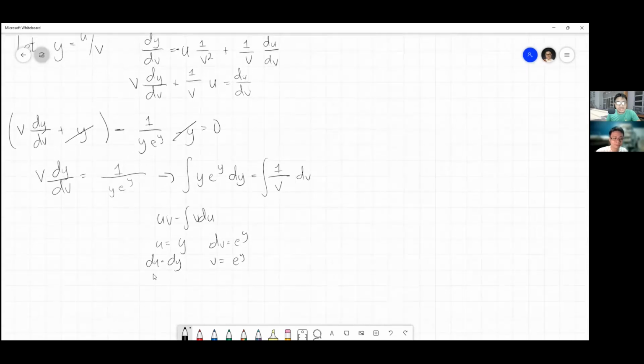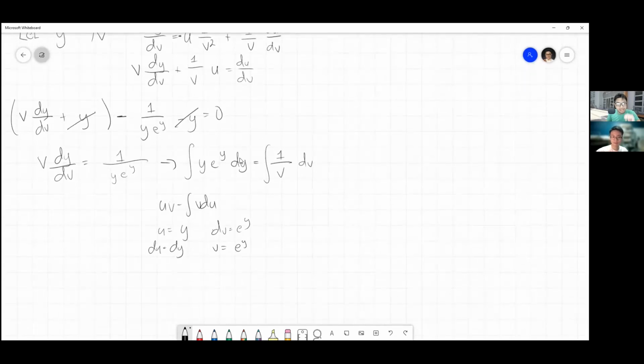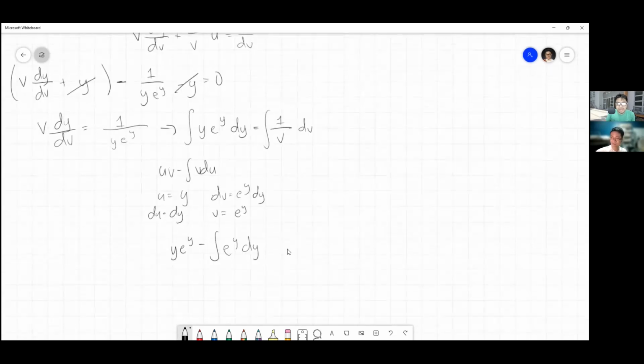So, using this substitution, itong integral ni y e to the y, that would just be y e to the y minus integral ni v du, e to the y dy. Okay, so ito yon. And pag in-evaluate nyo itong integral, that would just be e to the y. So that is y e to the y minus e to the y.